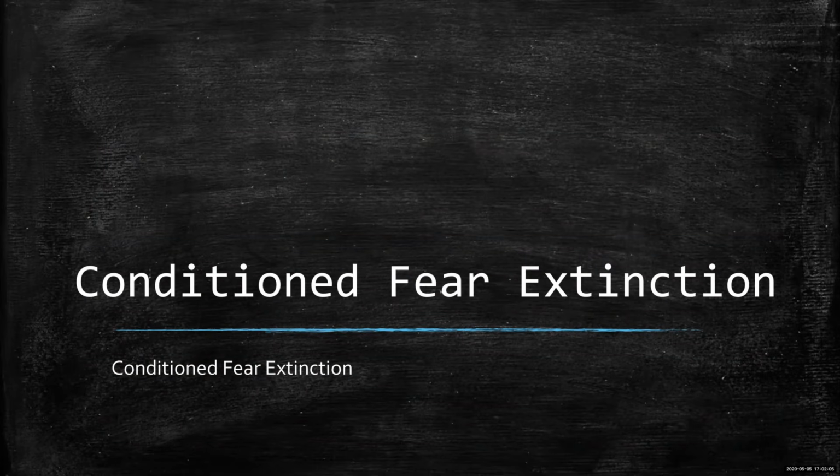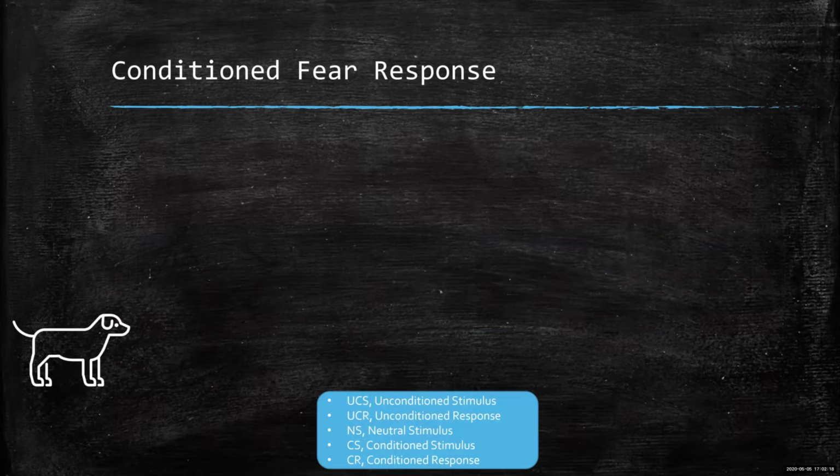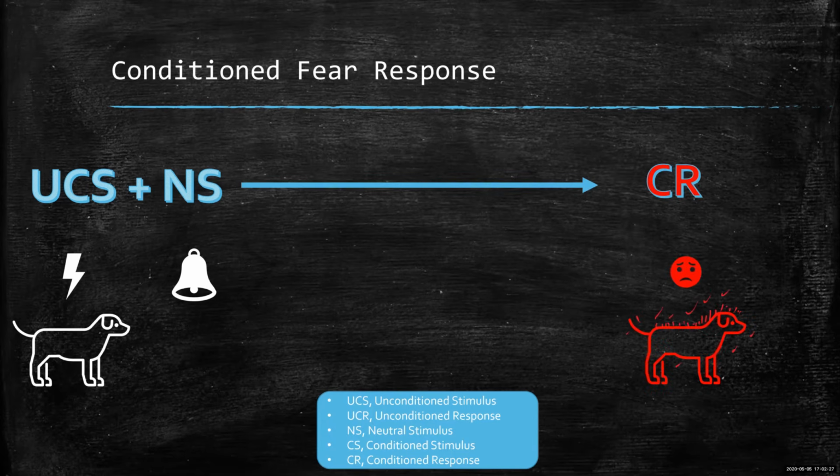What about conditioned fear extinction? What the heck is that? Conditioned fear extinction is really the way that we treat anxiety disorders and the reasoning behind it. And I'll explain that in a moment. So we go back to this diagram, the conditioned fear response. Again, the unconditioned stimulus, the shock, with the neutral stimulus of the bell, leads to the conditioned response of the dog being very upset because it was shocked.